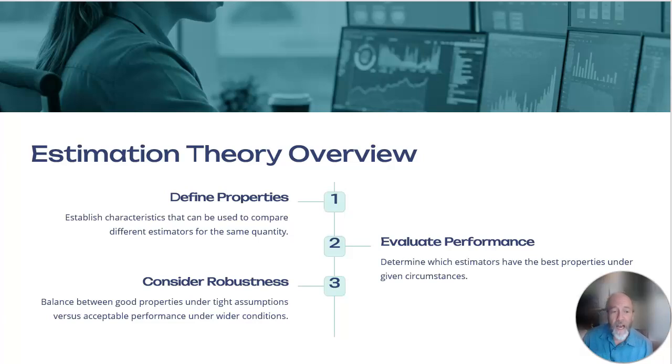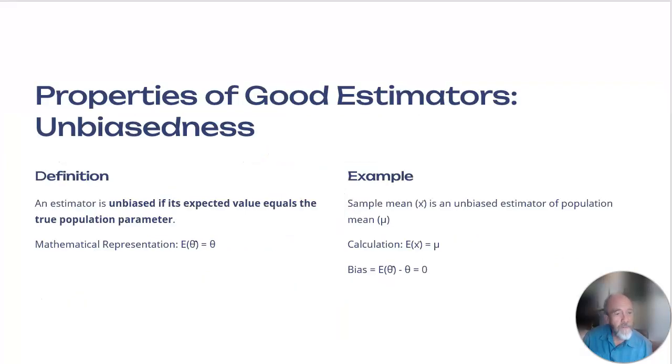There's no magic here. It's just saying you've got to understand how well you're performing with the estimation process. Now, good estimators. Remember, we're talking about the rules and functions associated with making an estimation.